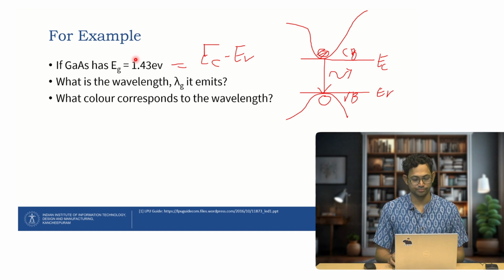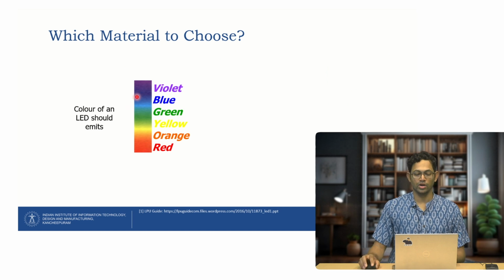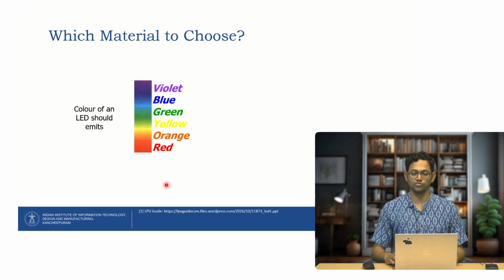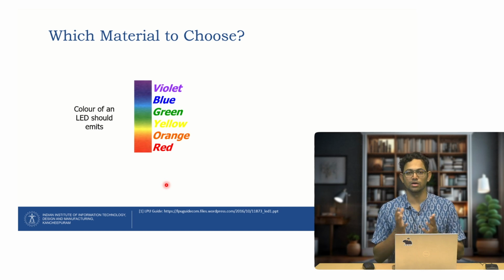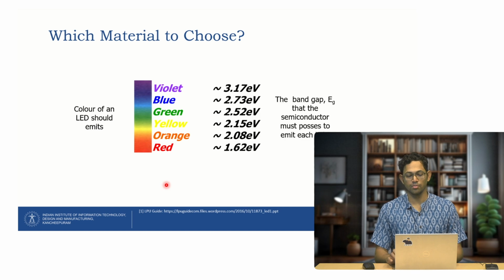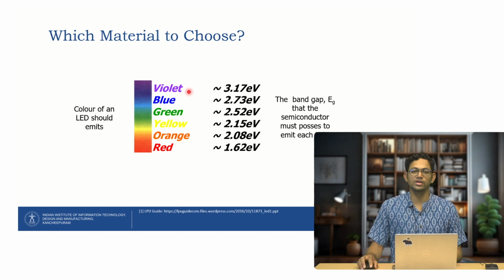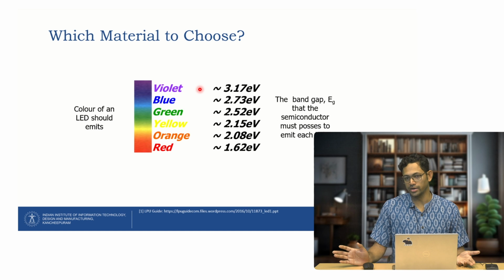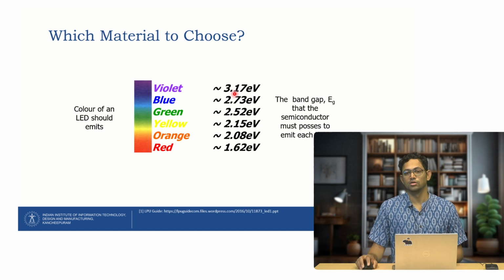So for example, you have all the colors: violet, blue, green, yellow, orange and red. We have already said that each of these colors has its corresponding wavelength. Now we will see that each wavelength also corresponds to another parameter, energy. For example, violet is understood not only by 300 nanometers but also by 3.17 eV.